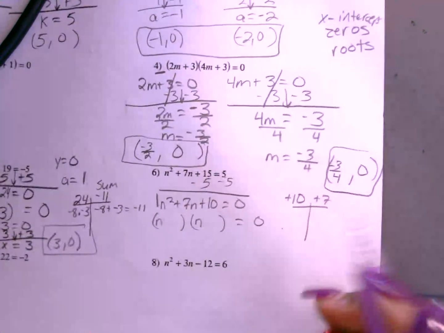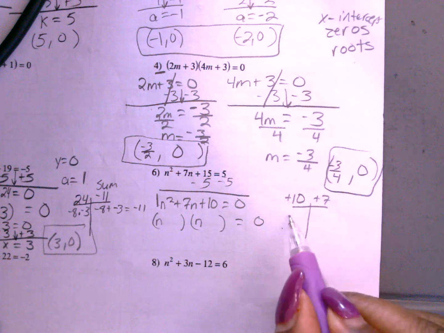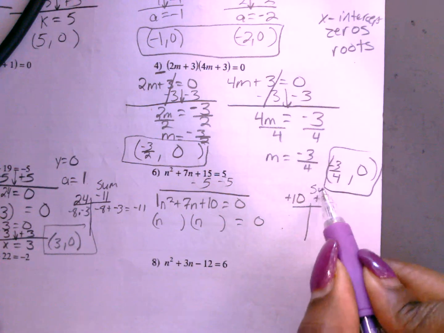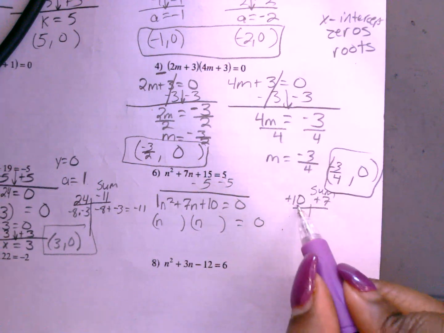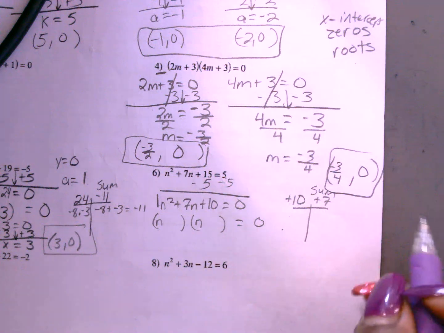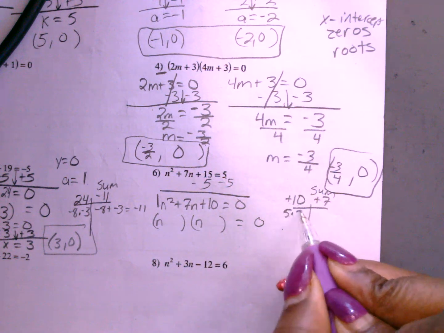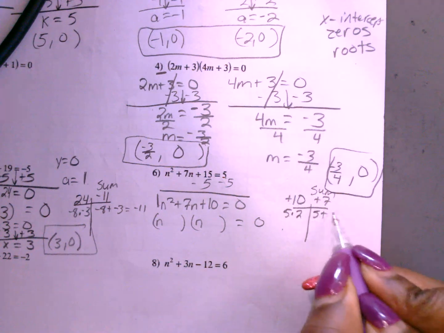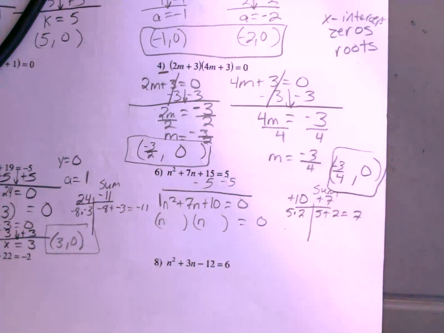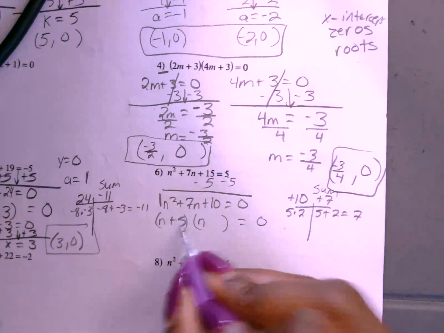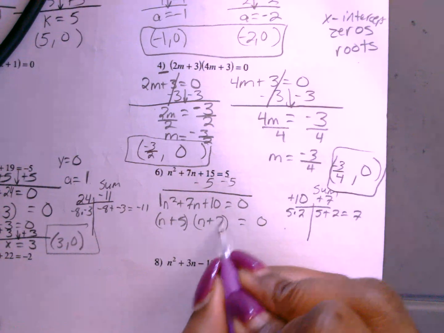So you're going to think, what two numbers can be multiplied to give me 10, but when I add them, I get a sum of 7? So let's think, what two numbers can be multiplied to give me 10? 5 and 2. 5 times 2. And when you add 5 plus 2, you also get a positive 7. So you can use plus 5 and plus 2.